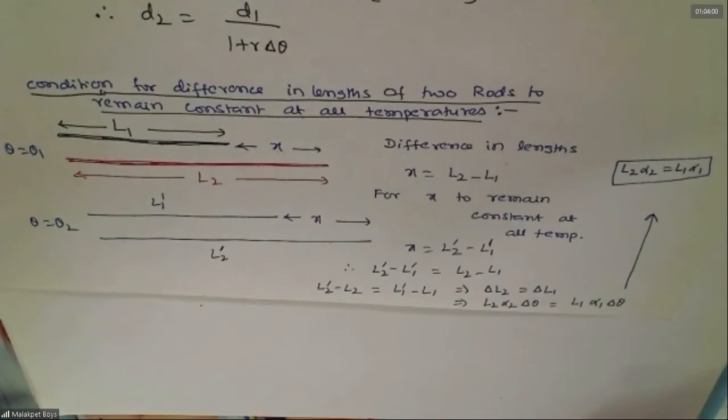If we consider the two rods, first we take one at normal temperature, and then the same rod at some temperature. We do that for both rods, and then you will get the condition.